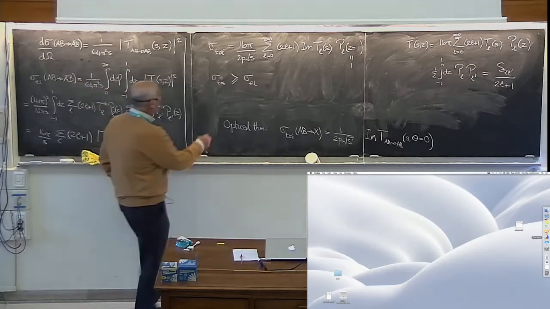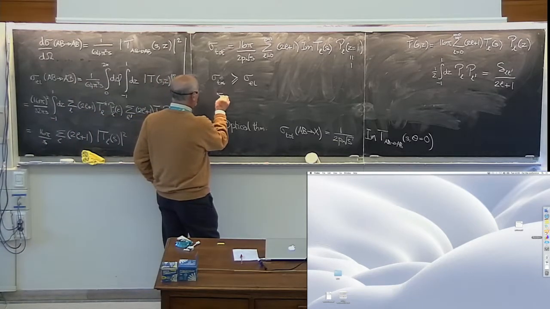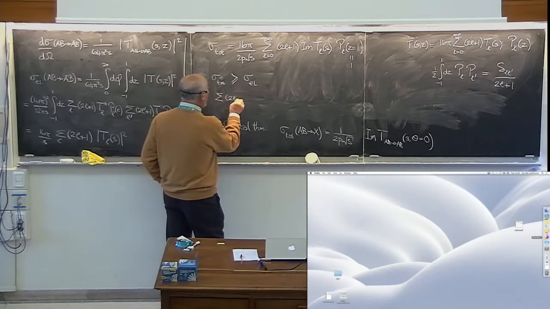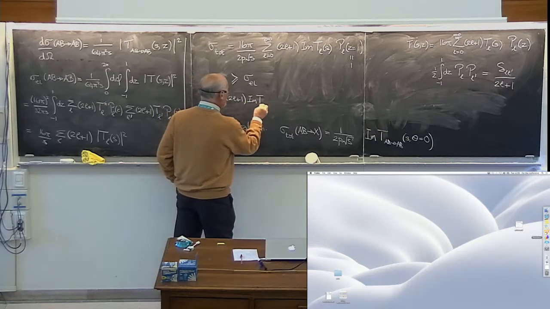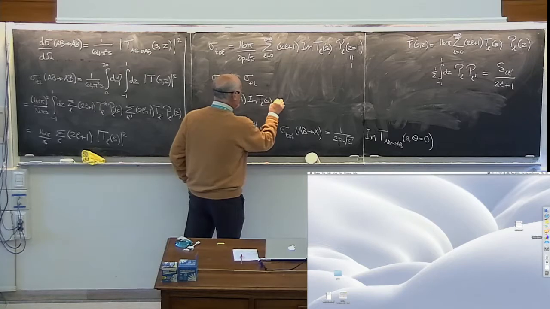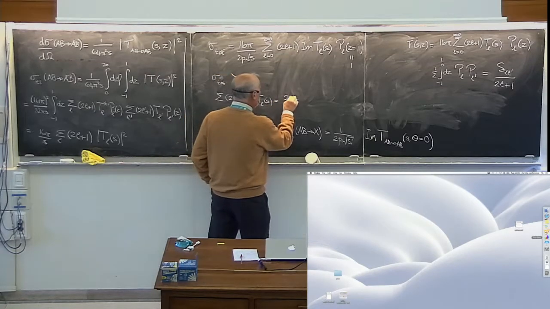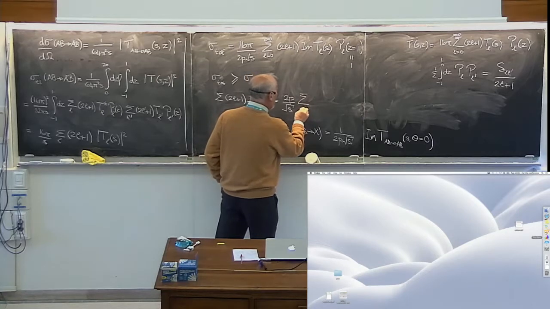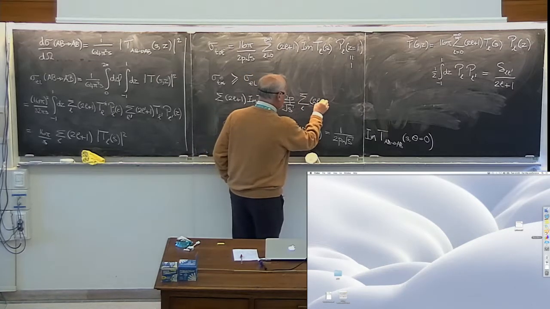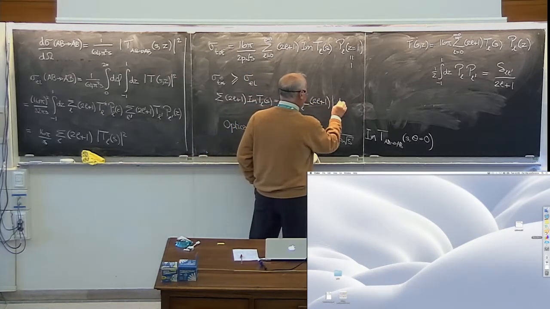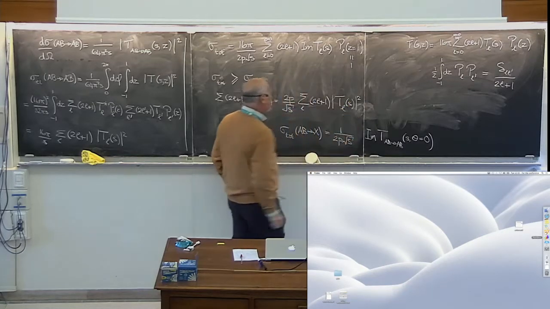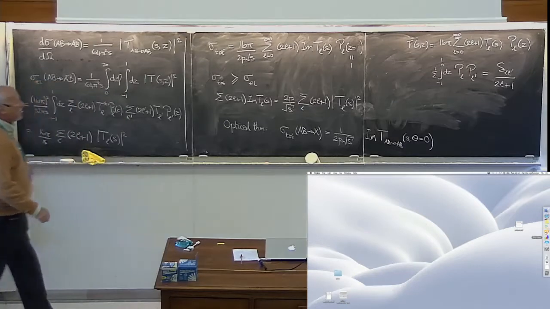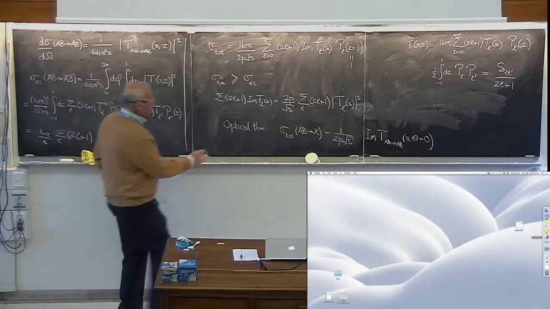That tells us that the sum of 2L plus 1 times the imaginary parts of the partial wave amplitudes is equal to 2p over root s times the sum over L of 2L plus 1 times the modulus of T_L of s squared. So it should be greater than or equal.